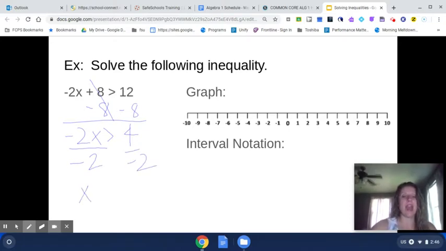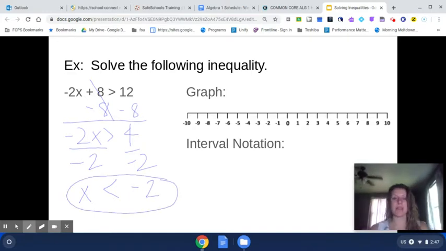So we get x. Now we divided by a negative, so we have to switch that sign around to less than, and 4 divided by -2 would give us -2. So that is our solution to that inequality. x has to be less than -2.